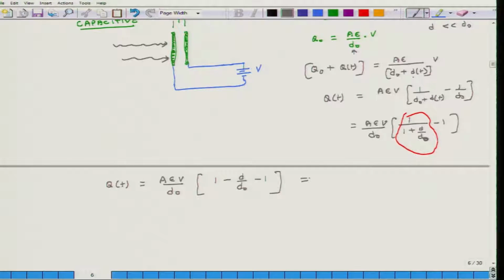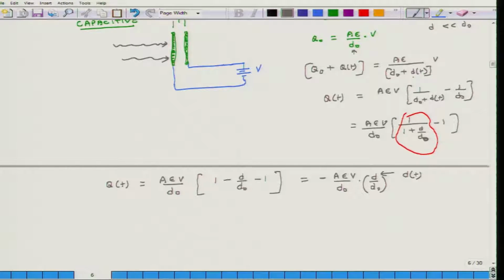So this becomes A epsilon over d naught V times d over d naught. And this d is a function of time, and of course there is a negative sign there.